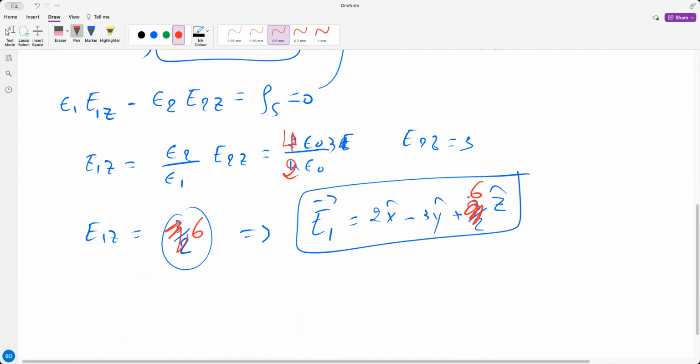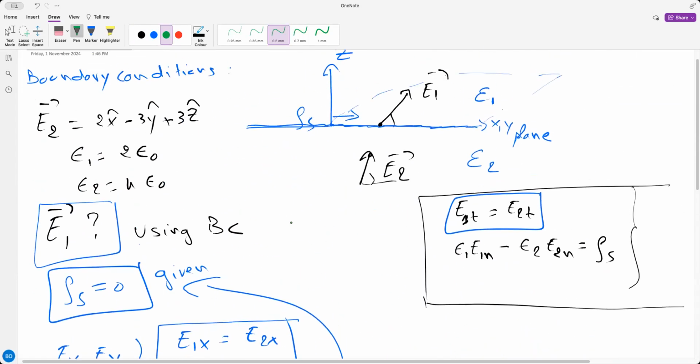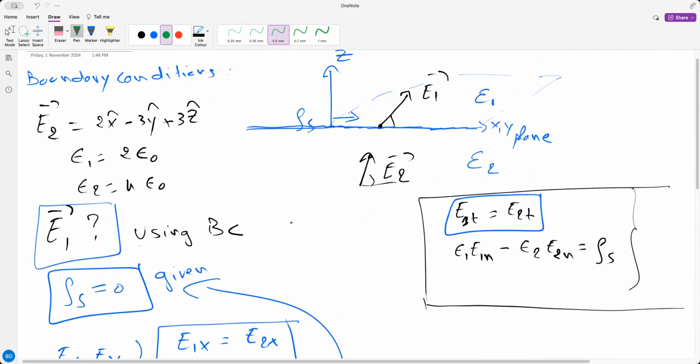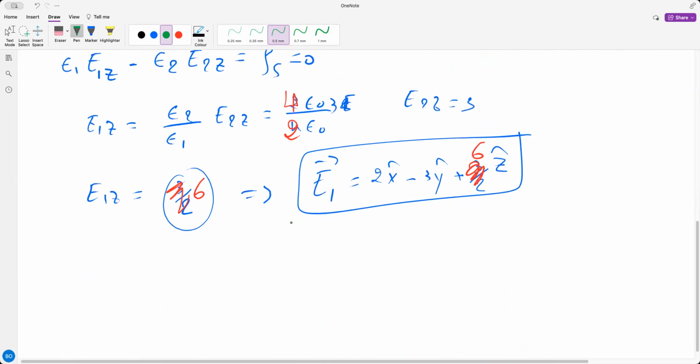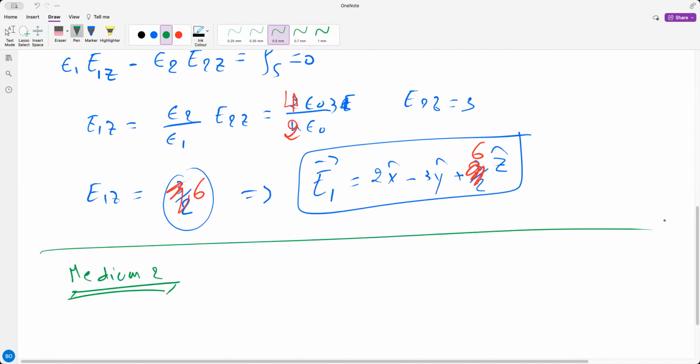Any question? Okay, so now let's give it in a green color. What would happen in this example? Not necessarily in this example, but in another example.